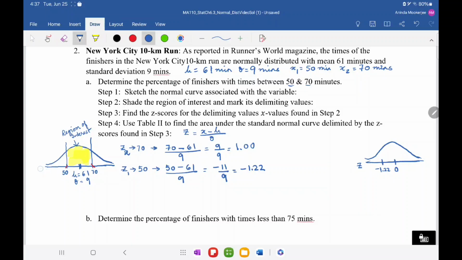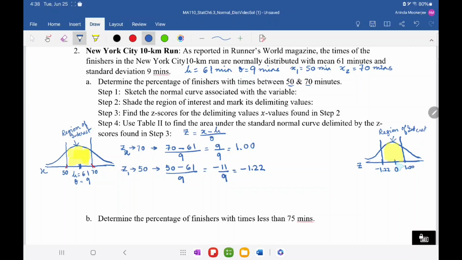In the normal curve, it's the x values. That's the difference. And on the positive side, we have 1. All right, let's mark this as 1. And again, extend vertically the lines from negative 1.22 and positive 1. Shade the region of interest. Okay, that's the area of interest or region of interest, whose area we have to find.